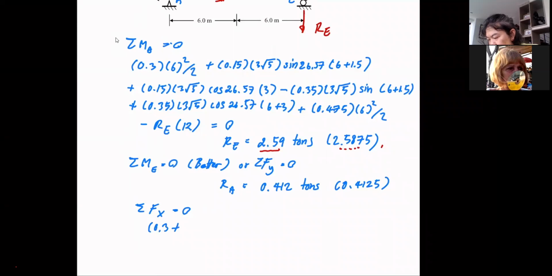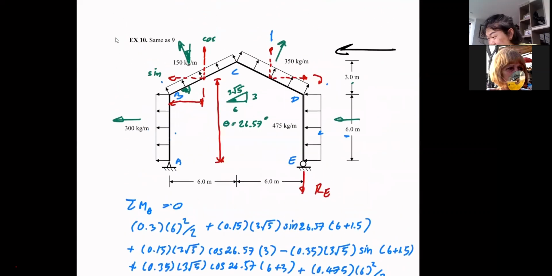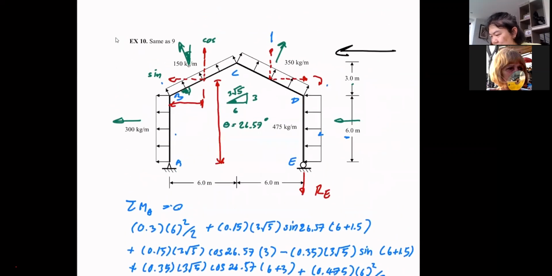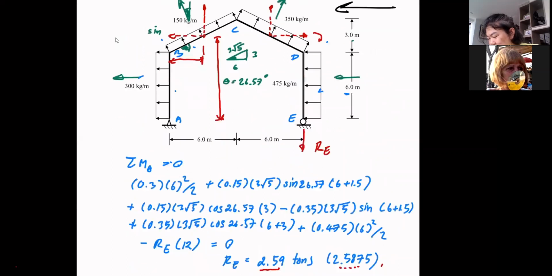0.3 plus 0.475, right? The two basic horizontal loads multiplied by 6 plus or minus, because, say, okay, we have two going to the left, this one, so let's add that one.